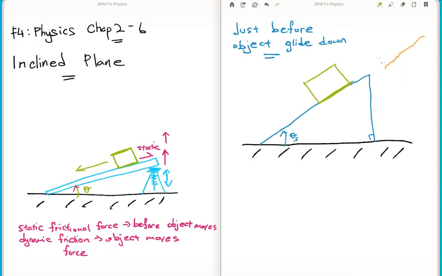The object is also not smooth, it is rough too. That's why the object is not moving. This is the kind of frictional force we're talking about, just right before it moves, the one that stops it. This is the static frictional force.